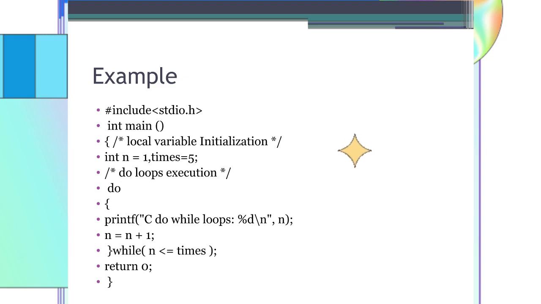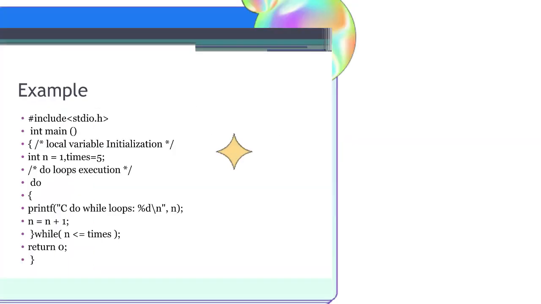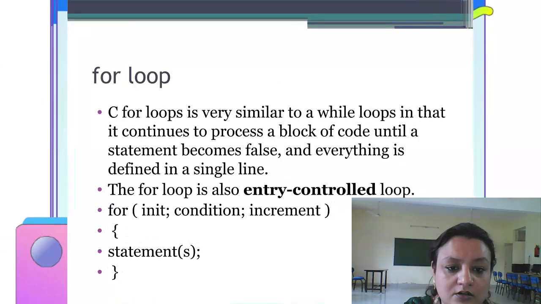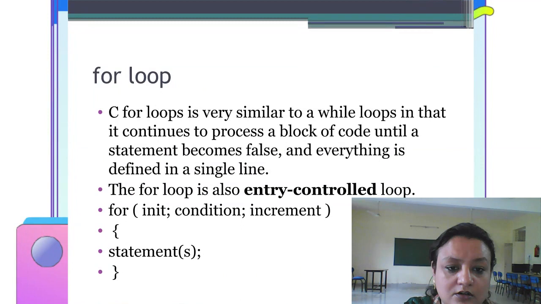Fine. Coming to the next part. Okay, so next it says this is for loop. So what do you mean by for loop now?